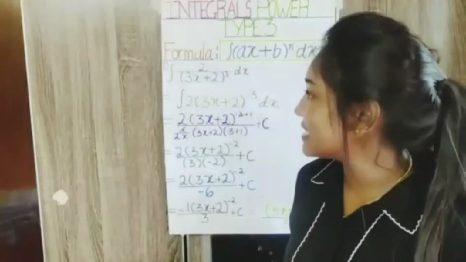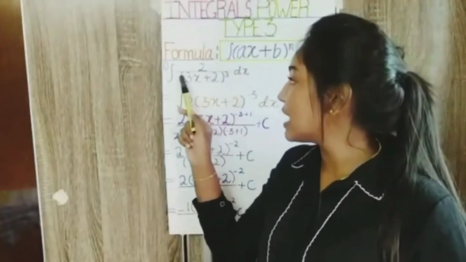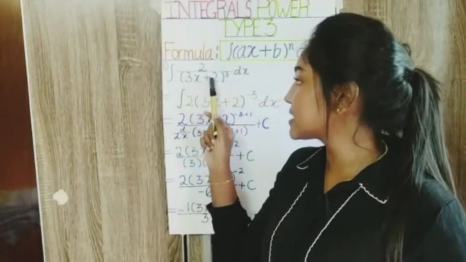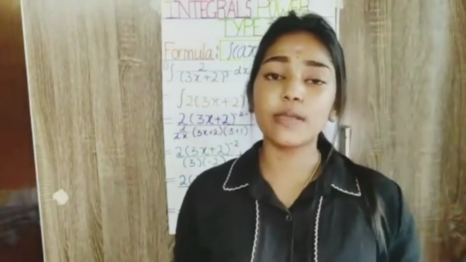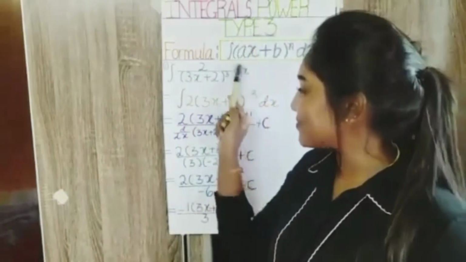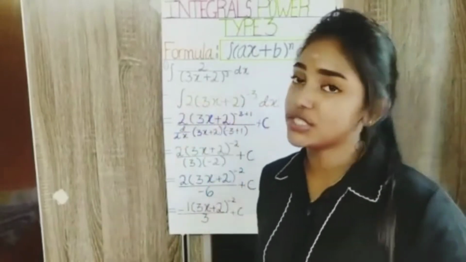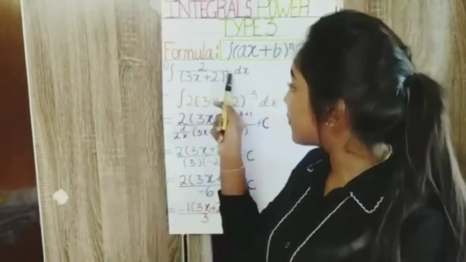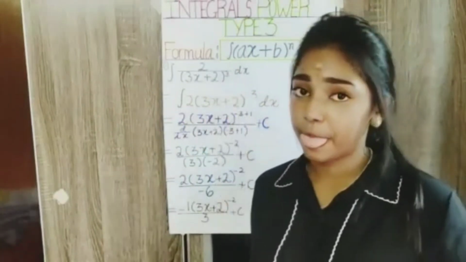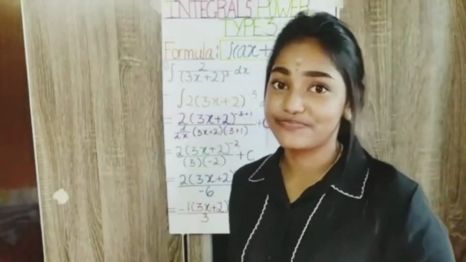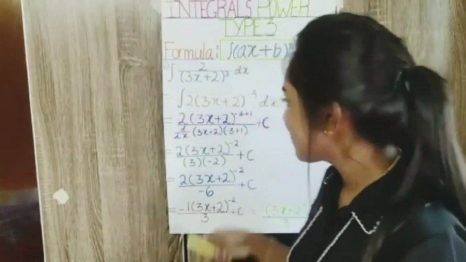The question is 2 over (3x + 2) to the power 3 dx. What will be our first step? So our first step will be we have to make this as one equation. For that, we have to bring this bracket to the upside, which means beside 2. Let's look at this.